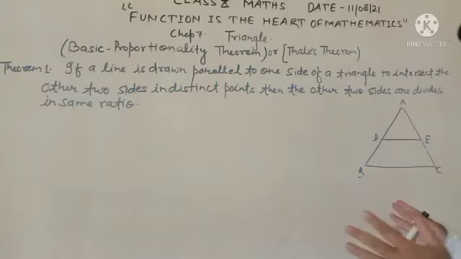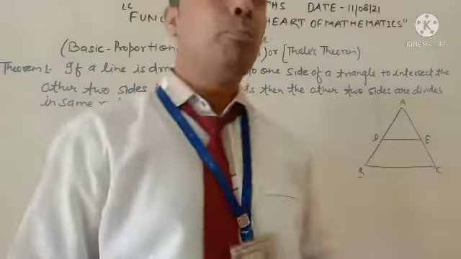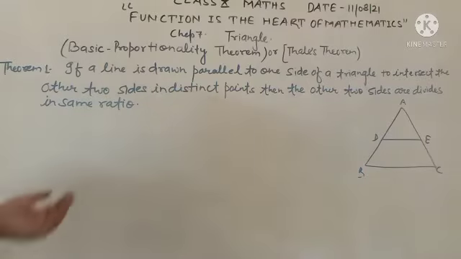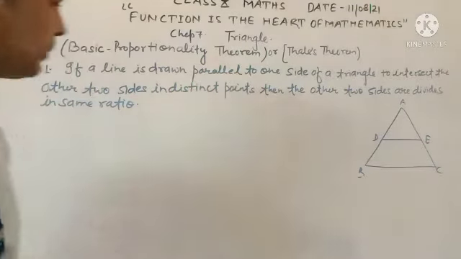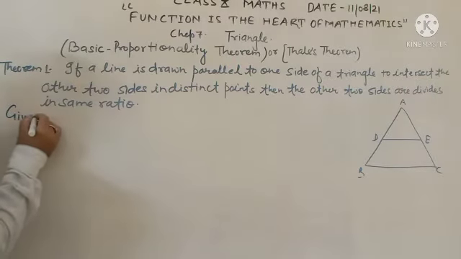It is a theorem. If it is in a question, then you directly use it. But how can we prove this basic proportionality theorem? Firstly, see what is given. Now write down given.